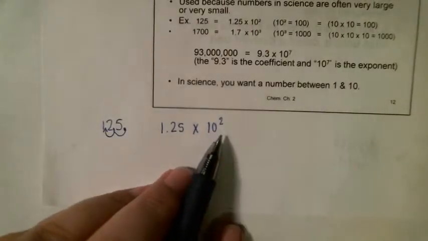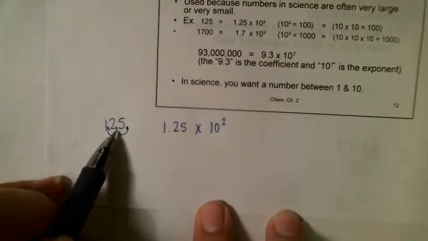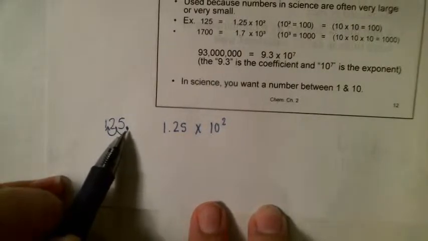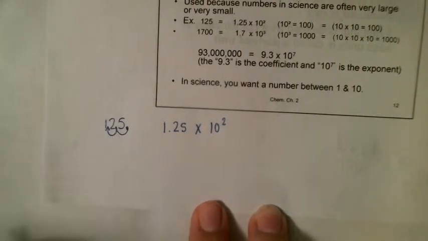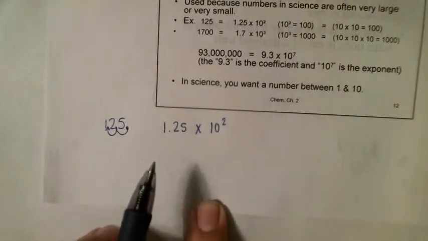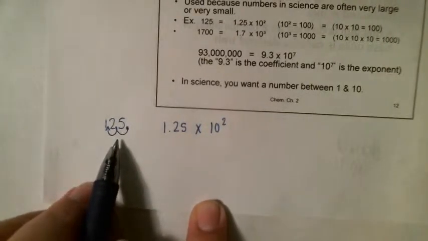How did I get the second power? Okay, well, let me show you. Each hop is equivalent to times 10. So since we hopped it twice, we need 2 10s. Okay, so let's double check ourselves and make sure that the scientific notation is equivalent to this original number.